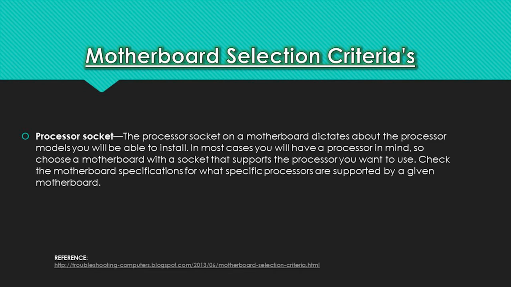In most cases, you have a processor in mind, so choose a motherboard with a socket that supports the processor you want to use. Check the motherboard specification for which specific processors are supported in the given motherboard. So when we buy a computer, it is very important to determine the compatibility between the motherboard and the processor.